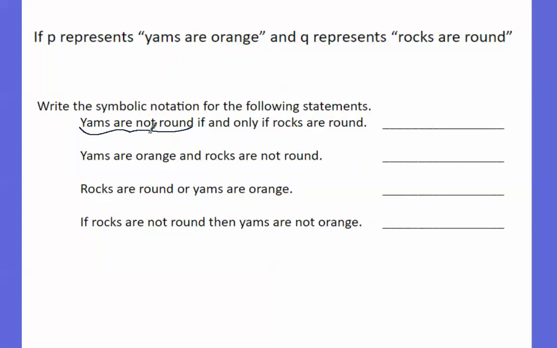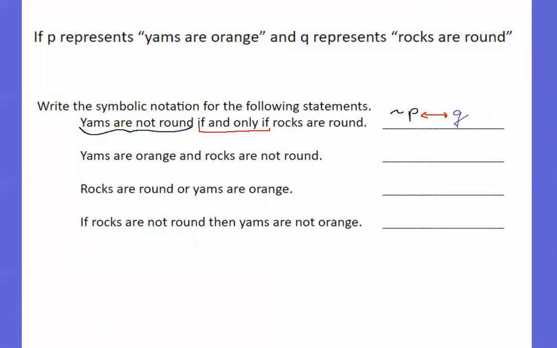So this would be the opposite of yams are round, so this would start off as not P. If and only if. Remember, this phrase here is represented by the double-headed arrow. And then lastly, rocks are round. That's the same as Q, so I would have not P, if and only if, Q.